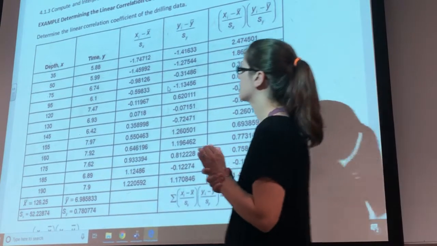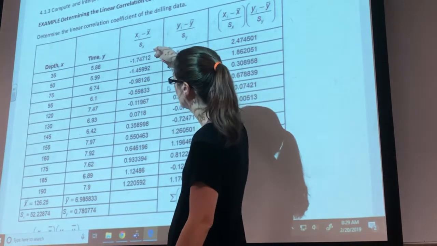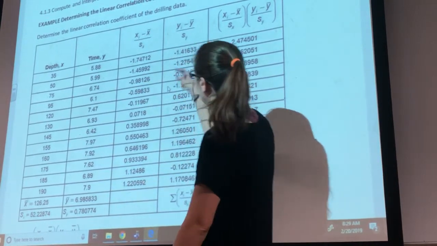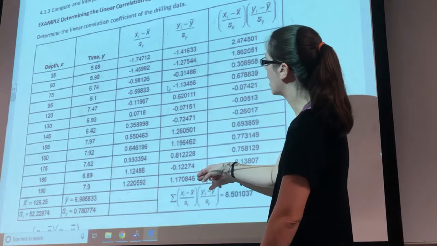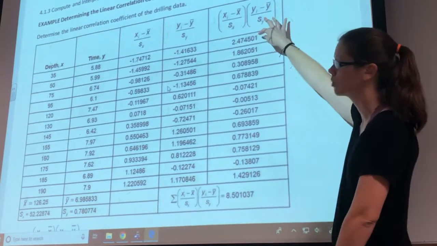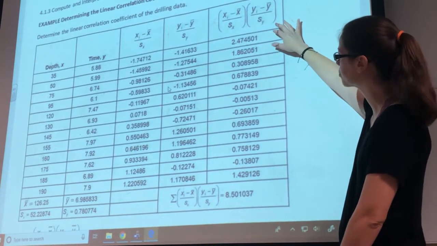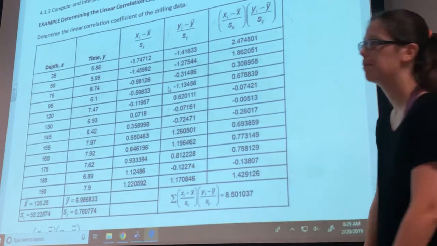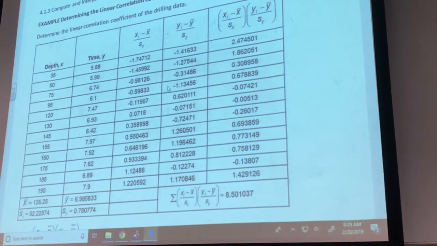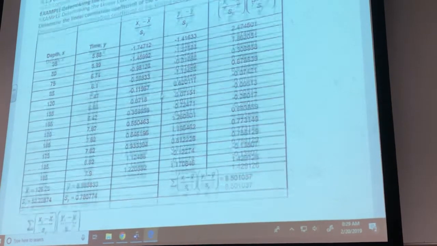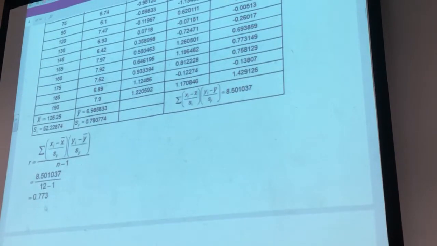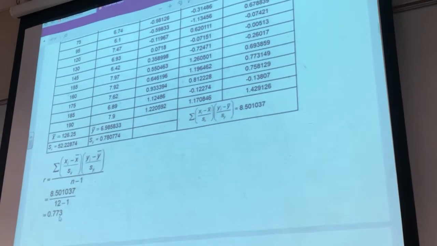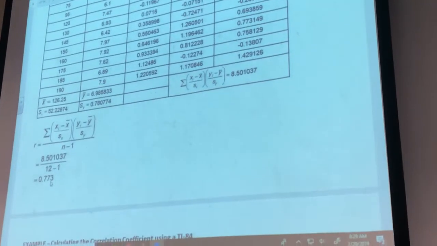So what they're doing basically for each ordered pair is they're finding the z-score for the x's, or they're finding the z-scores for the y's, and then they're multiplying those two z-scores together to get this thing up here. And once they have these values, they just add them all up and divide by n minus 1, so they're kind of taking like the average of those things, and then that's how they get back their R, which in this case is going to be a 0.773 for the drilling data.